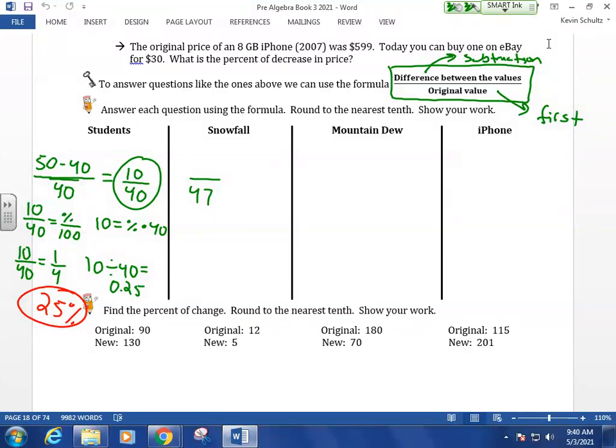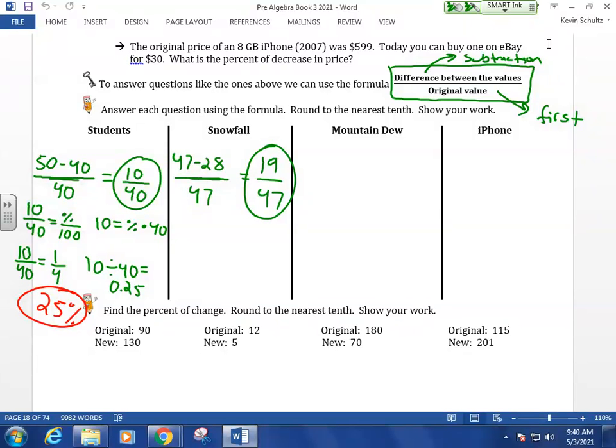And then our numerator, the difference between the values, we're going to subtract 47 and 28. Okay. 47 minus 28 is 19. 19 over 47. Now for this one, we can't really simplify it.